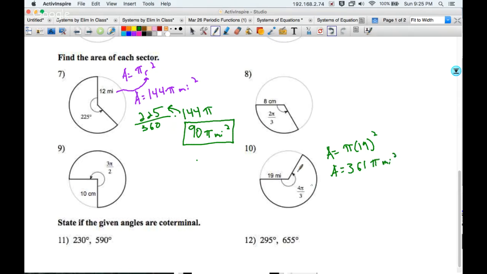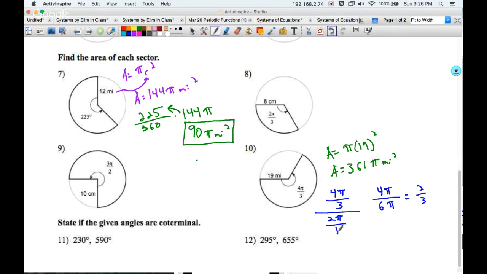What fraction of this circle is shaded in? Well, a whole revolution would be 2 pi. So the fraction that is shaded in is 4 pi over 3 all over 2 pi. Let's make that 2 pi over 1 so we can copy, dot, flip it and get 4 pi times 1 over 3 times 2 pi, which gives me 4 pi over 6 pi. This simplifies to just 2/3. So 2/3 of this circle is shaded in.